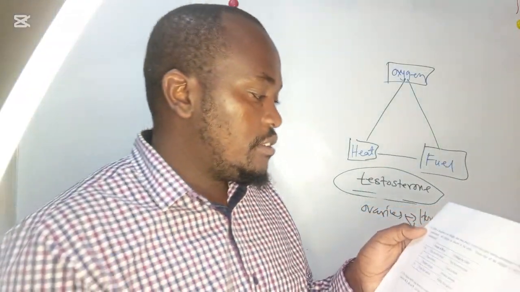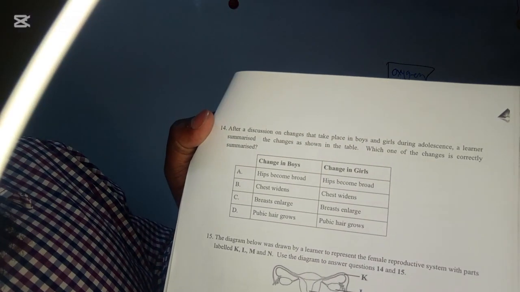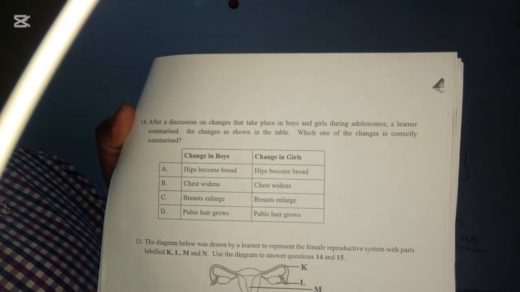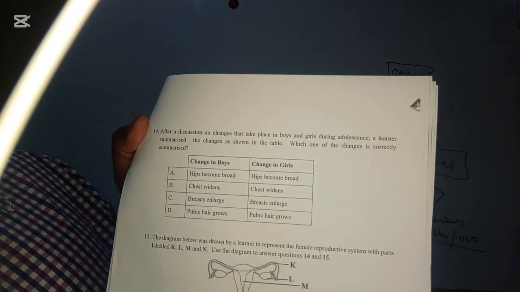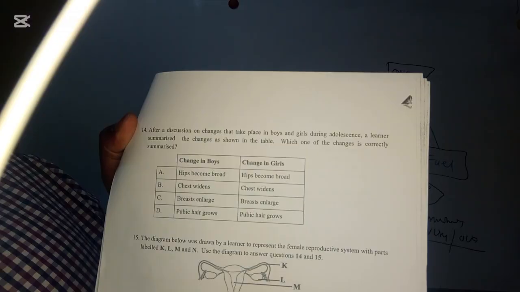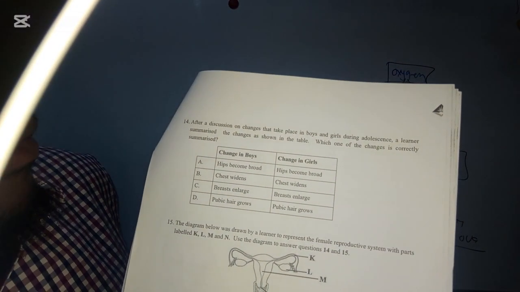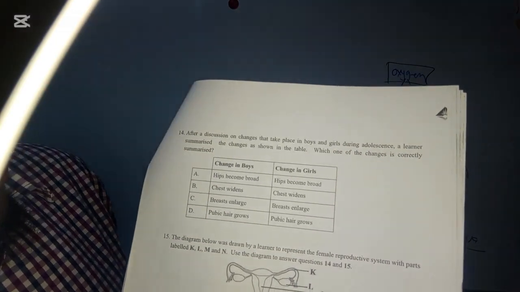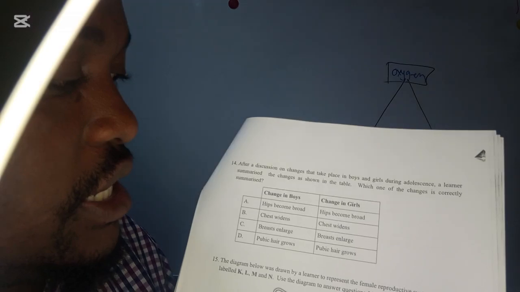But question 14, you are told, after a discussion on changes that take place in boys and girls during adolescence, a learner summarized the changes as shown in the table. Which one of the changes is correctly summarized? A, hips become broad for both boys and girls. That is not correct for boys.